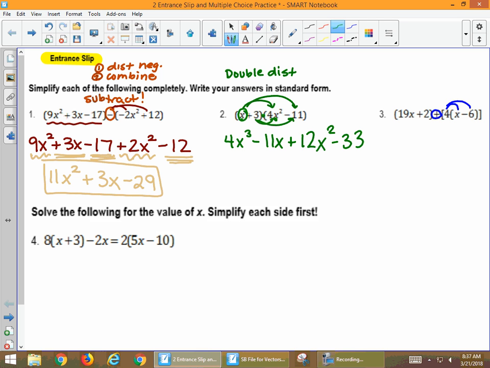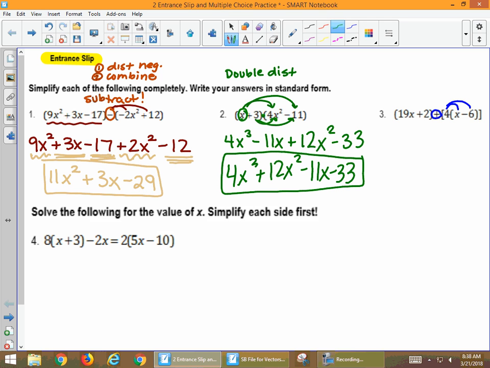Usually we write our exponents from biggest to smallest though, so I would just switch the order of the two in the middle. 4x cubed plus 12x squared minus 11x minus 33. That's why it says write answers in standard form. Standard form just means biggest exponent to smallest.